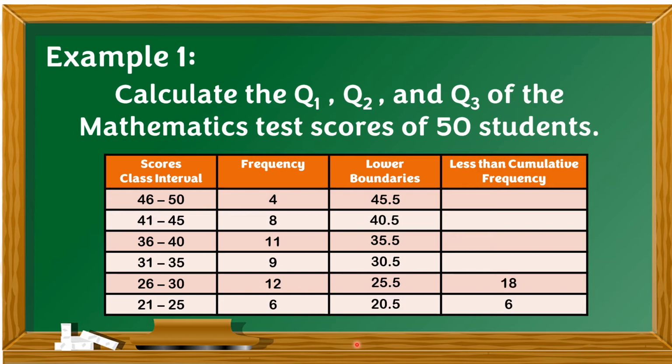Next is 18 plus 9, the next frequency, so that is equal to 27. Next, 27 plus 11 is equal to 38. Then 38 plus 8 is 46. And then 46 plus 4 is equal to 50.